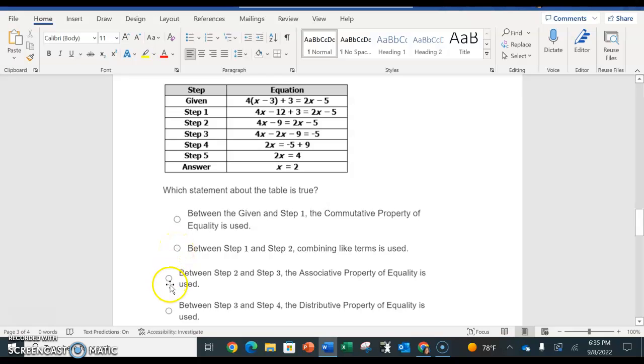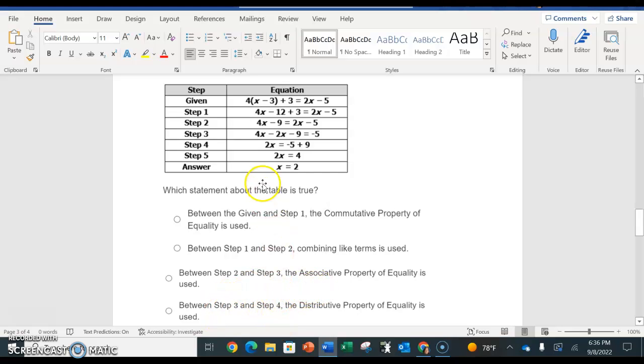Let's go ahead and check the others just to make sure. Steps 2 and 3. So this says the associative property of equality is used. So between steps 2 and 3, we subtract 2x from both sides. So that one would actually be the subtraction property of equality, not associative.